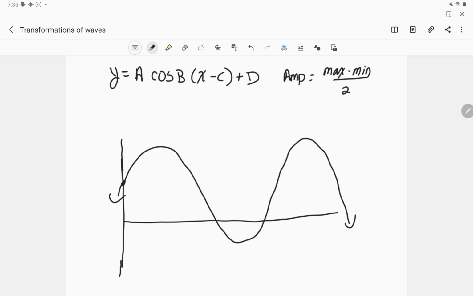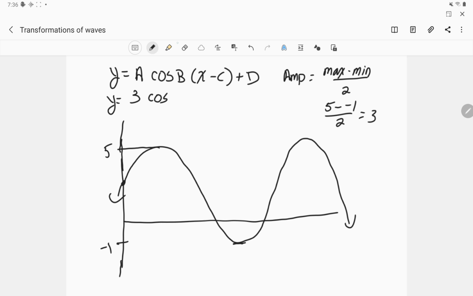So if I look at the picture on page 216 and I look at where this maximum is, it's at 5. If I look at where this minimum is, it's at -1. So my amplitude is 5 minus -1 divided by 2. Well, that's 6 divided by 2, which is 3. So what goes here is 3.